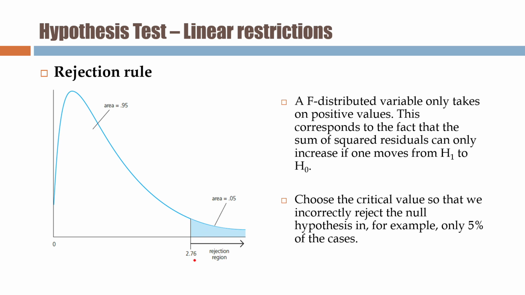If this is the critical F, and our F is here, then the probability is smaller than 5% in our case, then we can say we can reject. Otherwise, if our F is located here, then our probability is way bigger. Then maybe we don't have strong evidence that we can reject the null hypothesis.